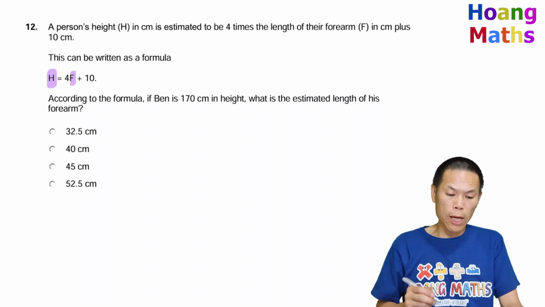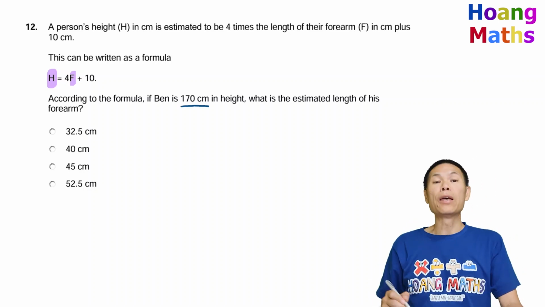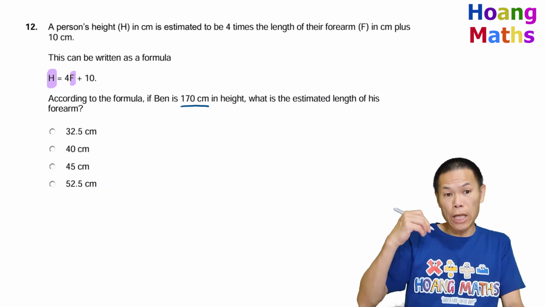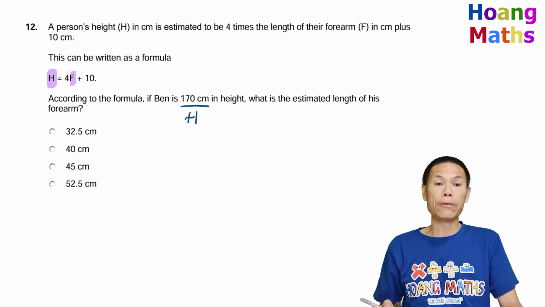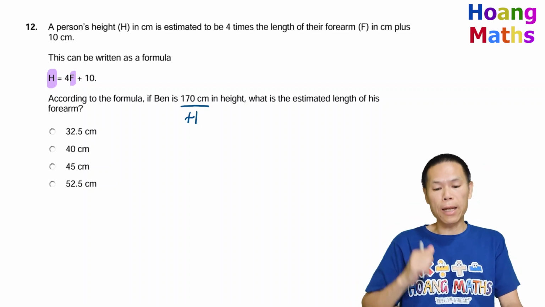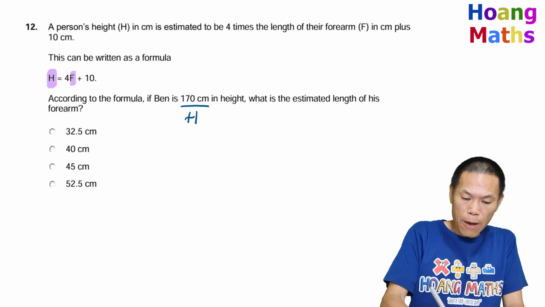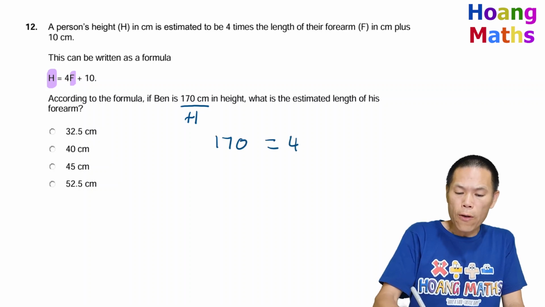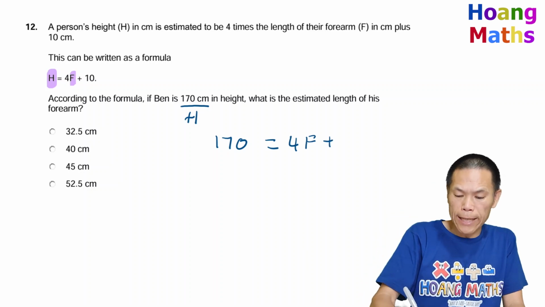According to the formula, if Ben is 170 centimeters in height, what is the estimated length of his forearm? Let me just write this down. Height is 170, equal to 4F, and don't forget we add 10.